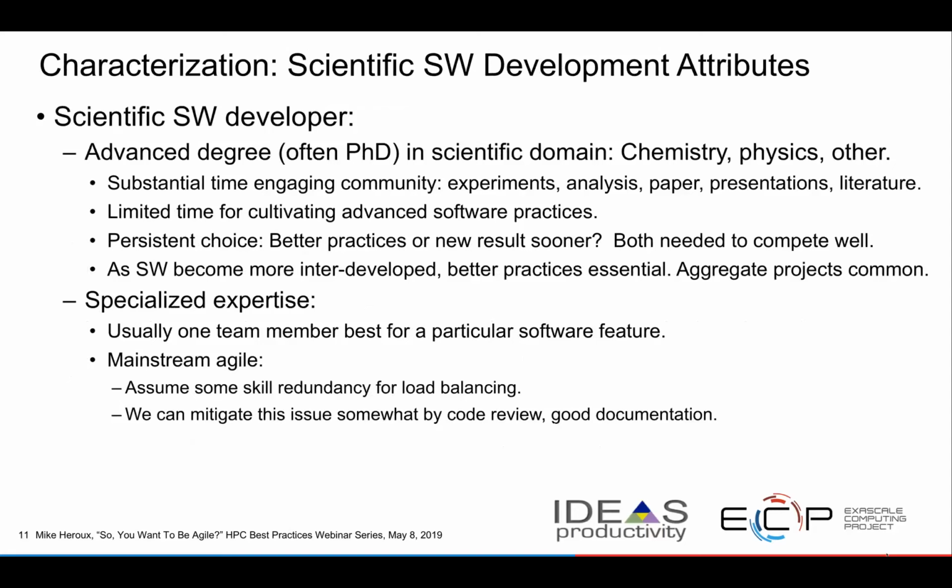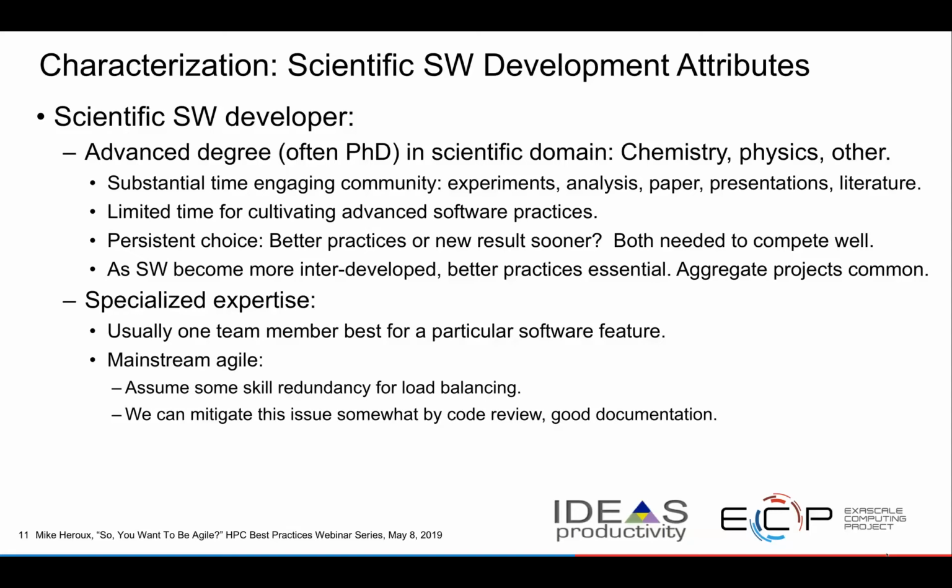We are spending, as a rule, a lot of our time engaging in the community. Getting a PhD is not the end of your research career. It's actually the beginning of your research career. And you spend a significant amount of time keeping that degree fresh, keeping your stature in the community fresh. And we honestly have typically little time for cultivating advanced software practices if we're also serious about being an expert in the field, in our domain.